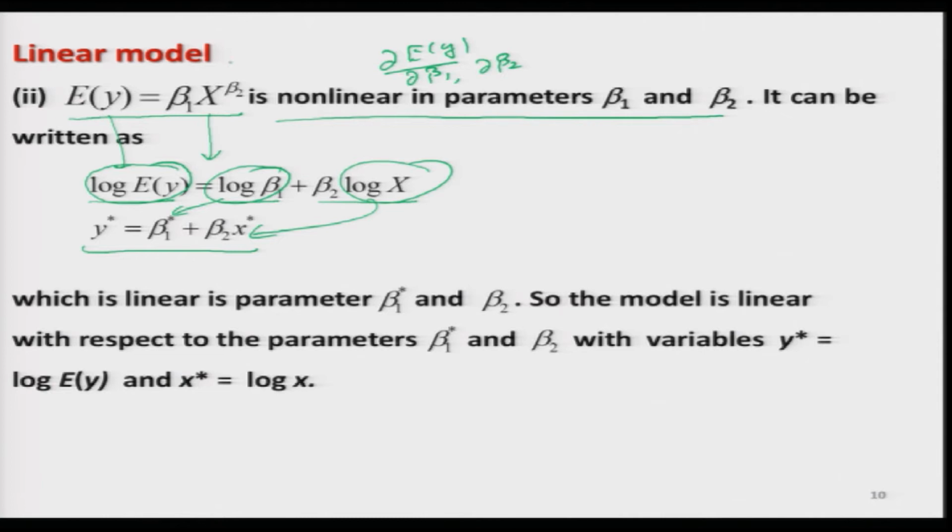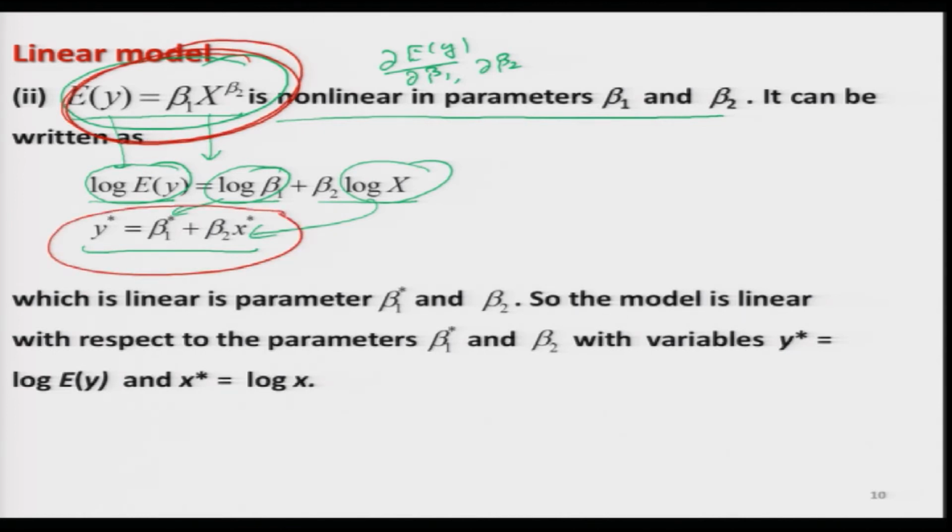Your original model is this one, and your transformed model is this one. So, be careful in stating the correct conclusion, which is that the original model is non-linear, whereas the transformed model y star is equal to beta 1 star plus beta 2 x star is linear in parameters beta 1 star and beta 2, not in beta 1 and beta 2, right.